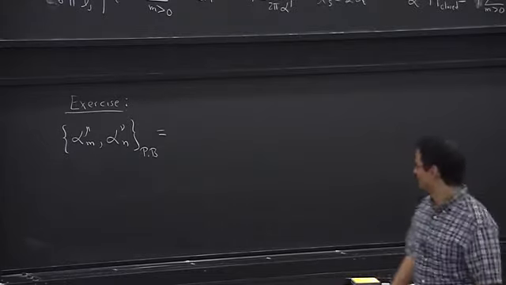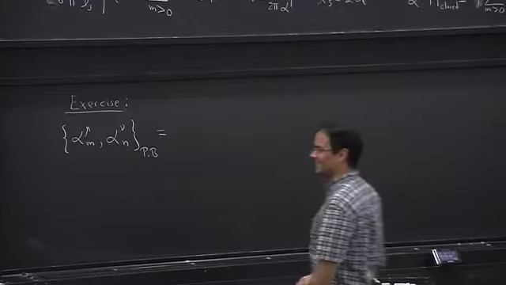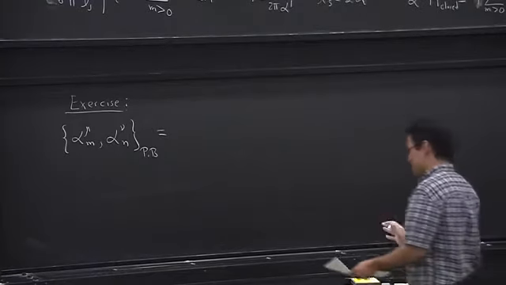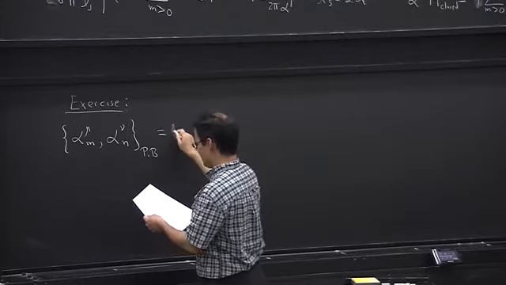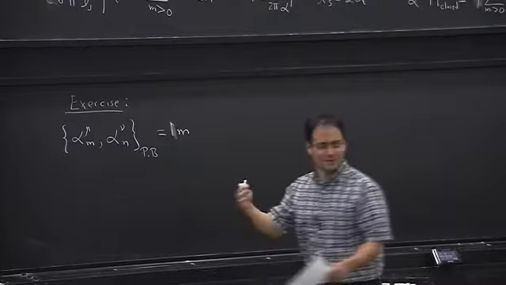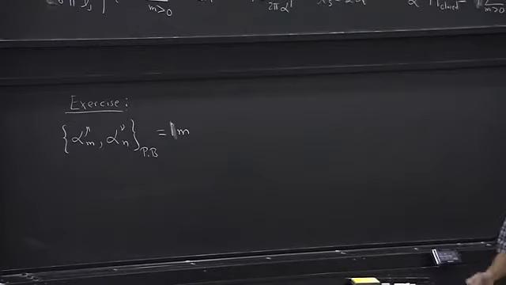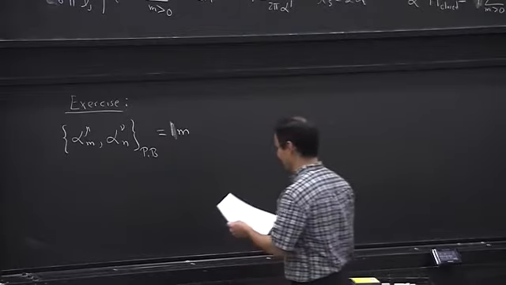Wow. So I should have used the other ones. I thought that you wouldn't be so corrupted as to think that every time you see curly brackets, they are anti-commutators.